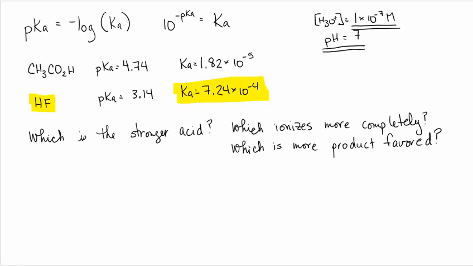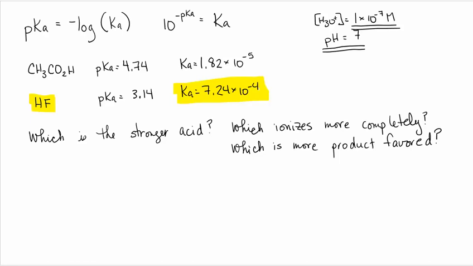But you can shortcut around that just by looking at the pKa. The way I think about pKa is it's like how much does the acid want to hold on to its proton? So if you look at HF, HF wants to hold on to its proton 3.14. Acetic acid only wants to hold on to its proton 4.74. Okay, so HF does not want to hold on to its proton as much as acetic acid wants to.